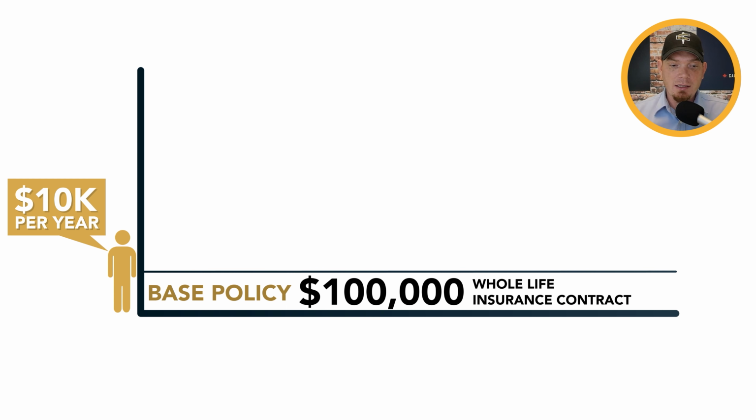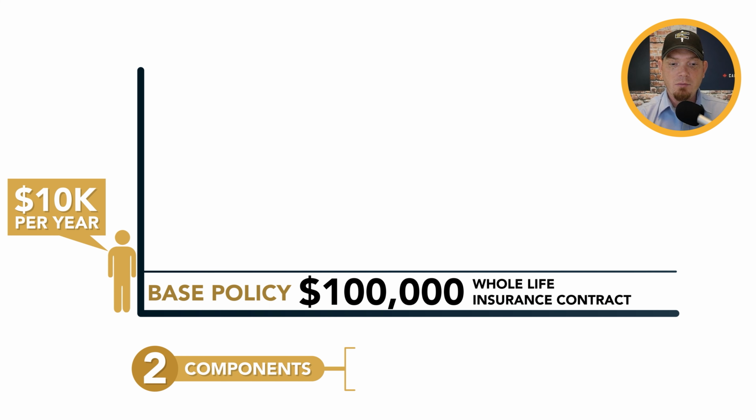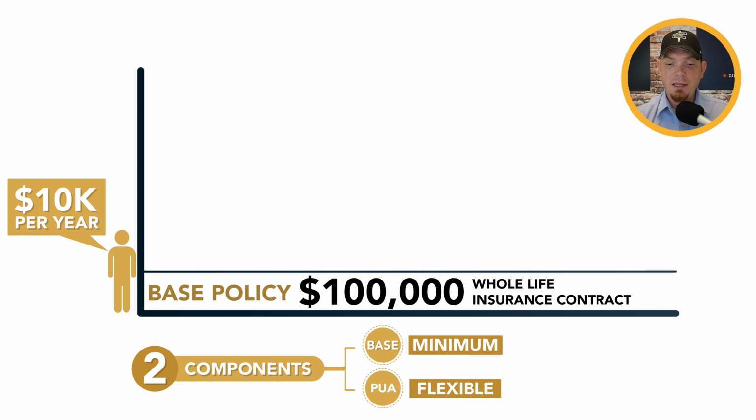Now, the key thing is that that premium is broken down into two components. The first component is what's called the base premium, or the minimum that's required to keep that policy in force. The second component is what we refer to as the paid up additions rider, or the PUA for short. This part is flexible.